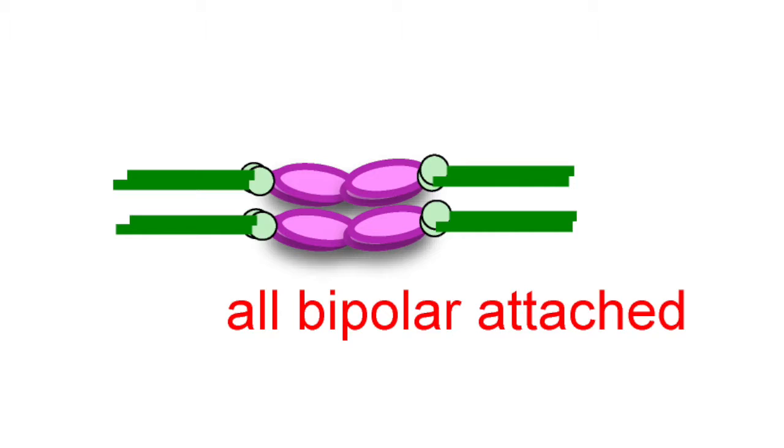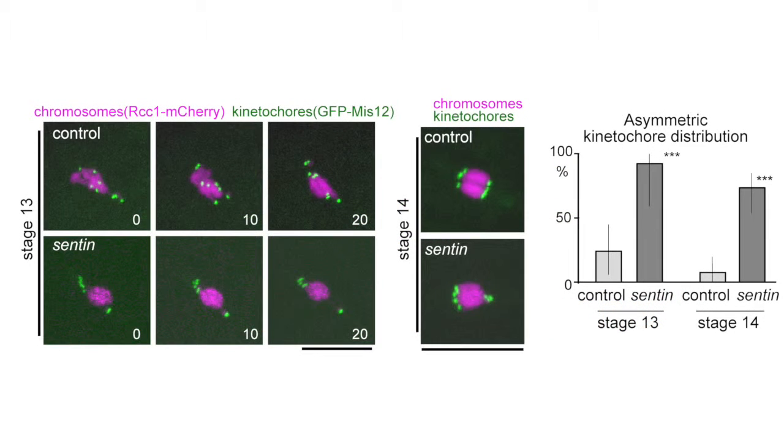This suggested that Sentin-deficient oocytes might fail one of the most important steps in meiosis, attaching the kinetochores of homologous chromosomes to opposite spindle poles. Ohkura and colleagues therefore examined whether kinetochores were misoriented in the mutant oocytes. Then basically we found the kinetochores are asymmetrically distributed, as we expected from the FISH results.